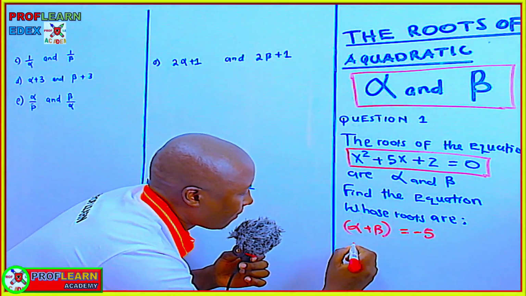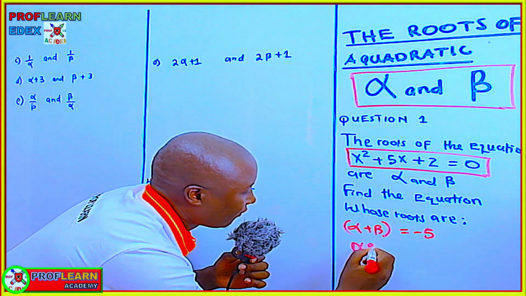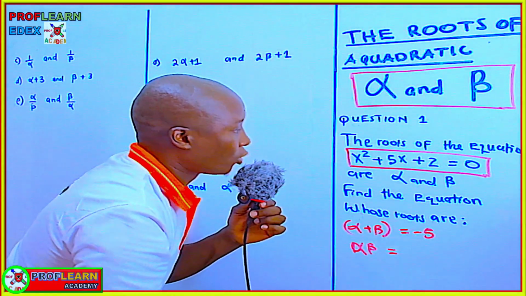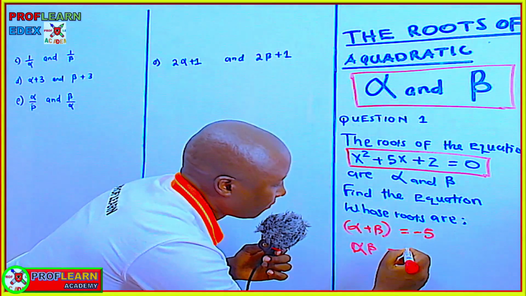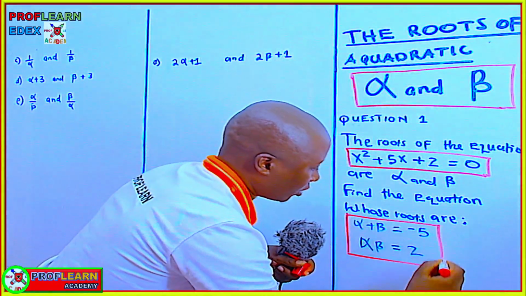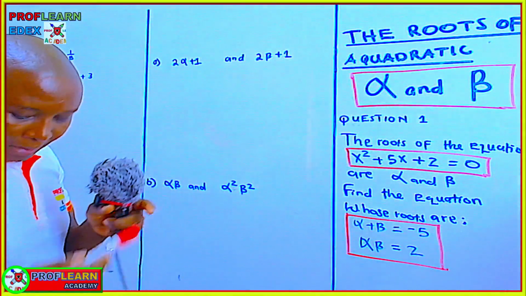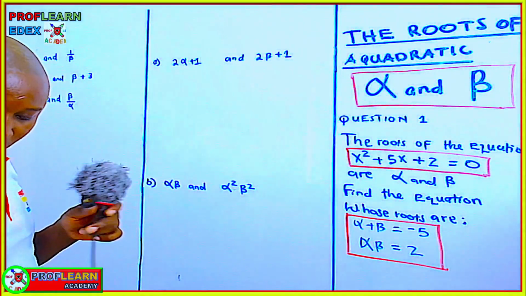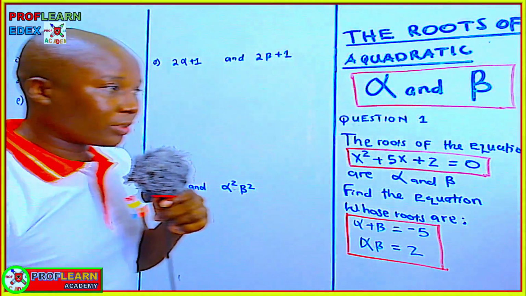And the product of the two roots alpha and beta is going to be equal to 2, this 2 that is there. So we have the sum of the roots, and also the product of the two roots. Now this is what we are going to use in order to work out this question.